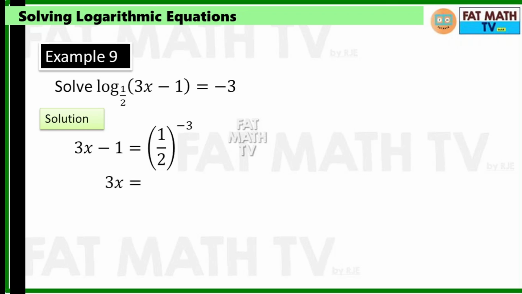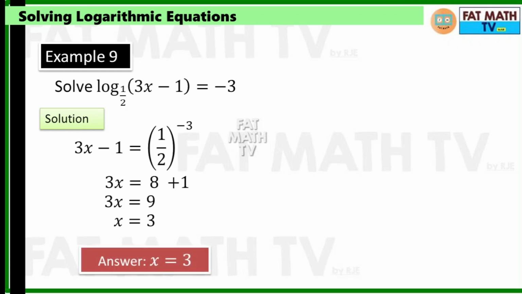That is 8. So 8 plus 1 is 9. Divide both sides by 3. So x equals 3. So 3 times 3 is 9. 9 minus 1 is 8. What should be the exponent of 1/2 to get 8? Negative 3. So correct. So our answer here is positive 3.